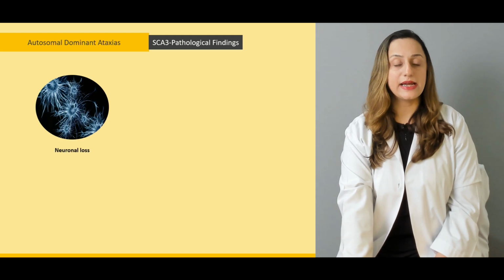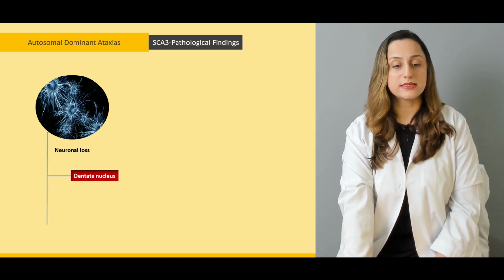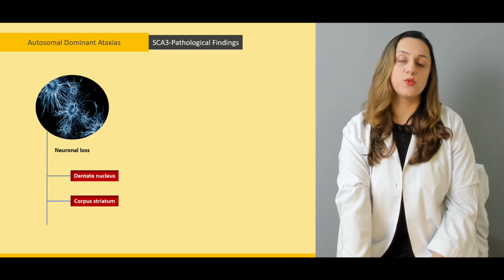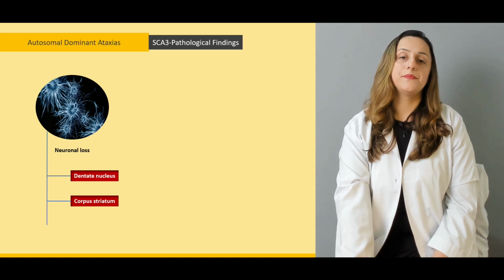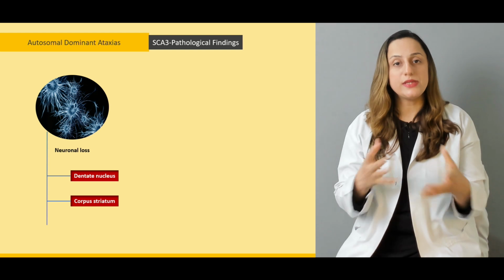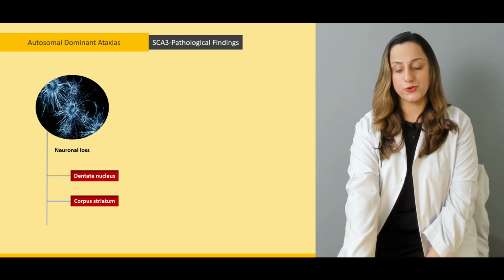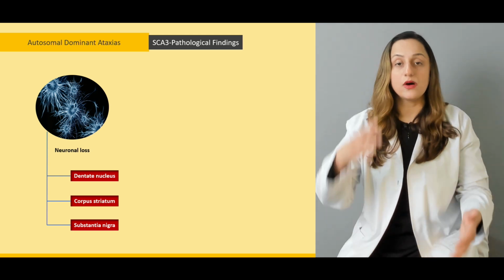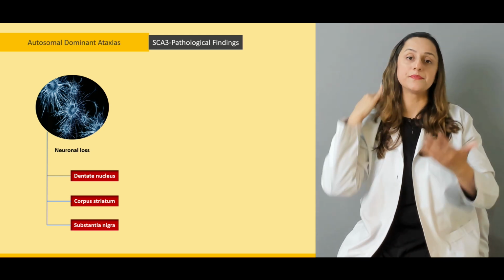The pathological findings would include a neuronal loss, which is going to be seen in the dentate nucleus, corpus striatum, which is one of the important basically interlinking fibers between the two cerebral cortices is also going to be affected, and then we have the substantia nigra, which is one of the most important constituents of the basal ganglia.